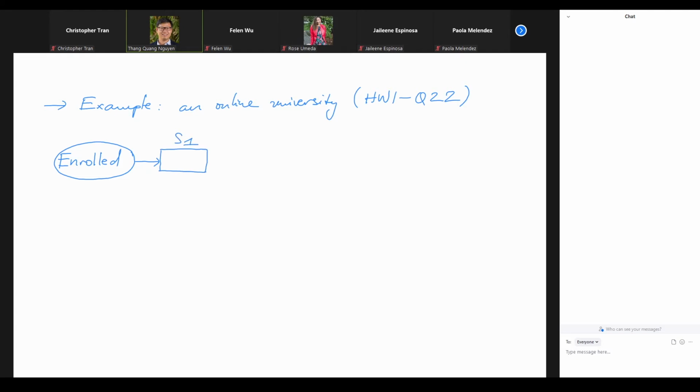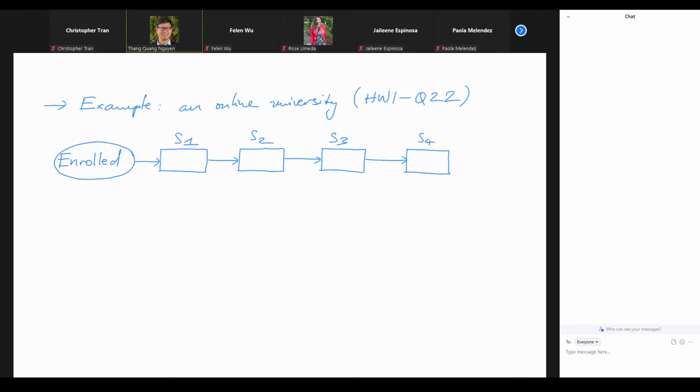They take classes in this stage, and when they are done with it, they move on to stage number 2. And when they are done with stage number 2, they move on to stage number 3. And then they will do the concentration courses, the capstone courses, so that they have the practical skills for their future job.